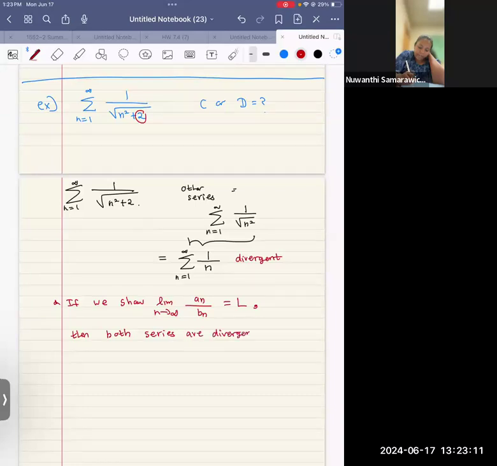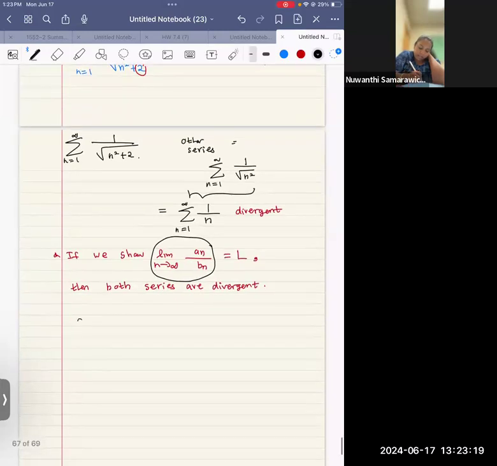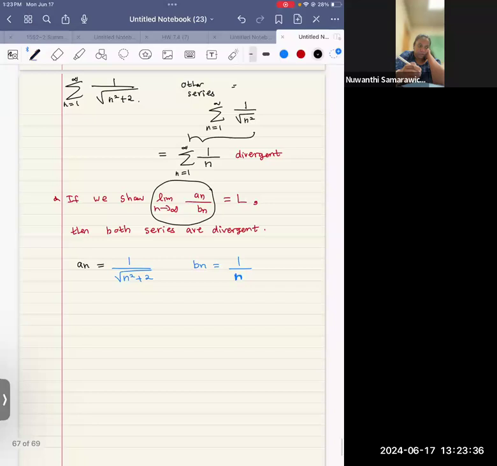That's the idea that we are going to prove. So now let's find whether we get a positive finite number. Let's say a sub n is 1 over square root of n squared plus 2. b sub n is 1 over n.